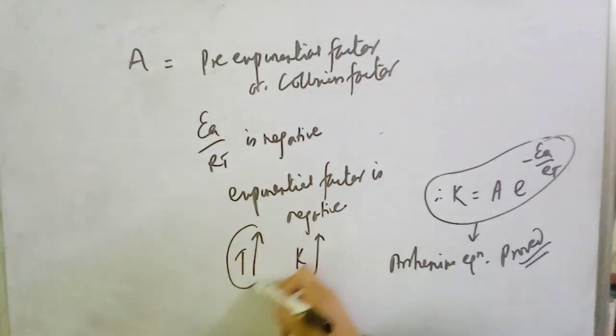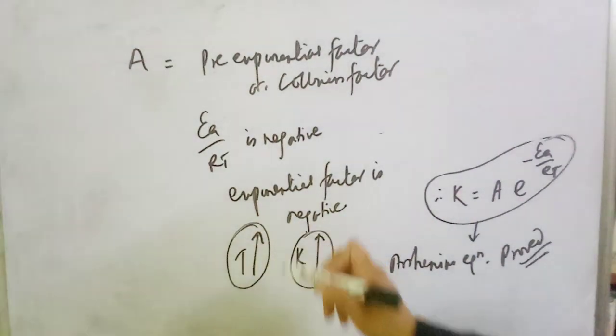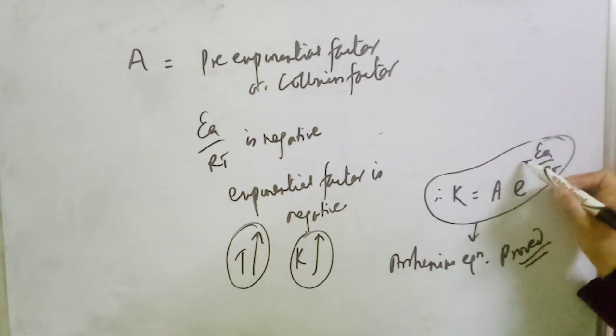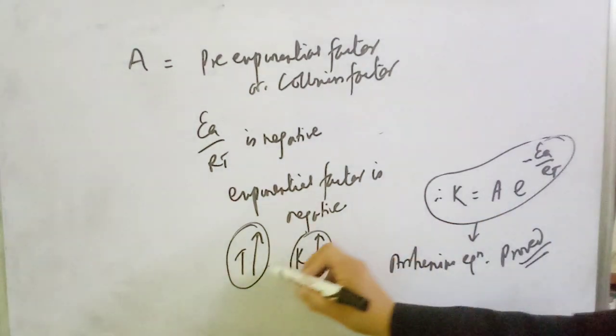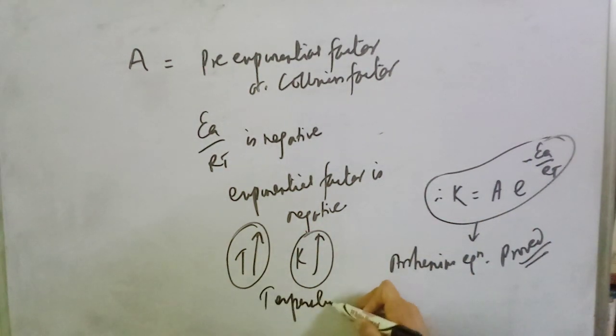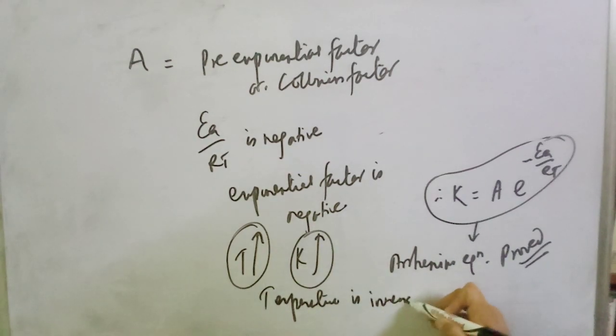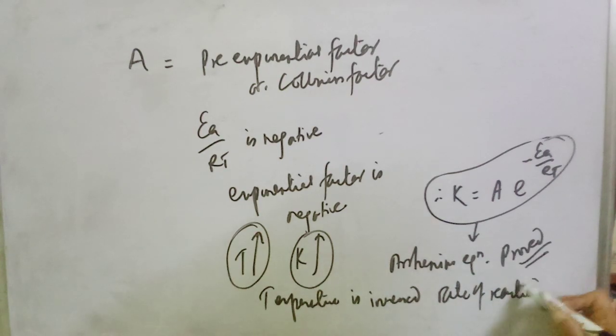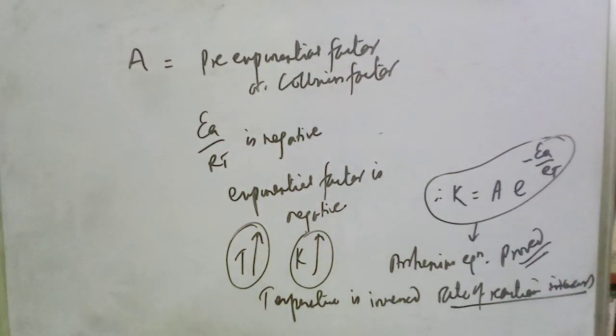So when we increase temperature, the rate constant increases. If it were positive, then k and T would be inverse, but there is a negative value, so we can easily write that when T increases, the rate constant increases. So when temperature is increased, the rate of reaction increases. So friends, from the Arrhenius equation we can easily prove that for a reaction, when temperature is increased, the rate of reaction is increased.